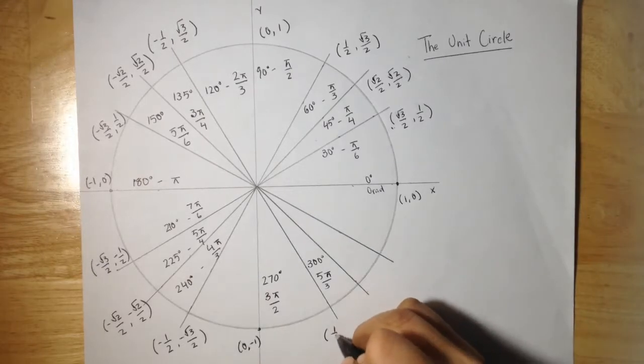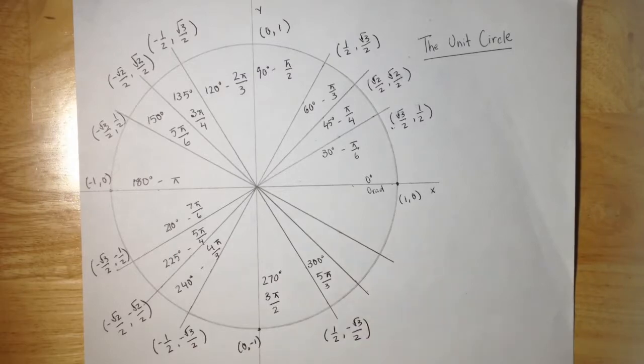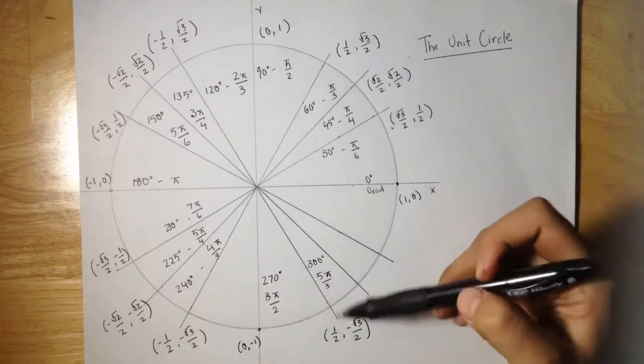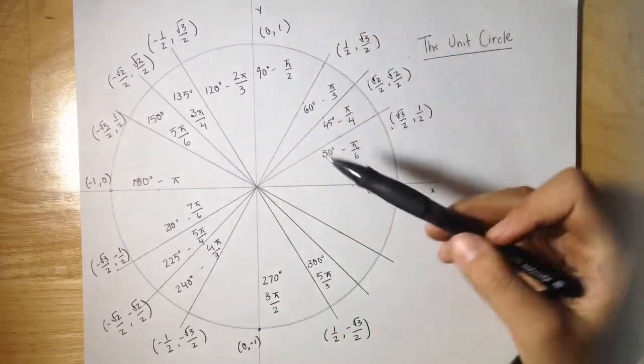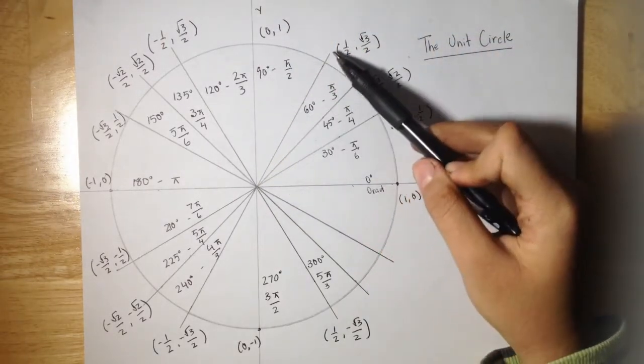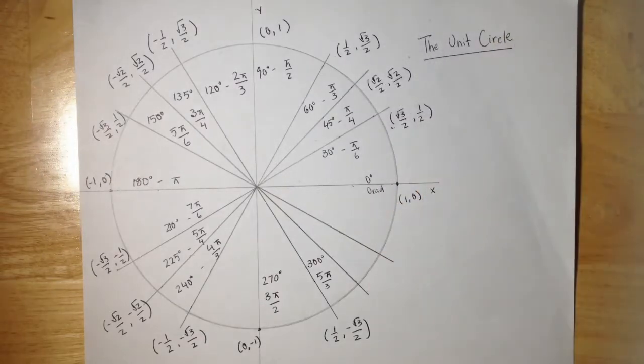Coordinates are 1/2, negative radical 3 over 2. The same coordinates as the angle right across from it in this quadrant, and the corresponding angle in this quadrant, but just the signs on the coordinates are different.